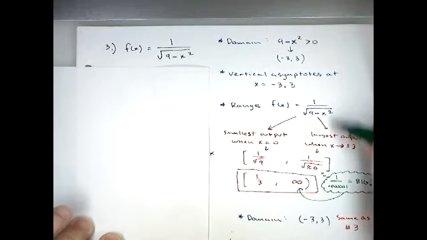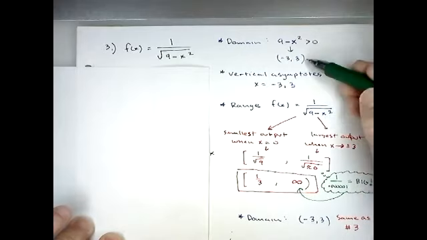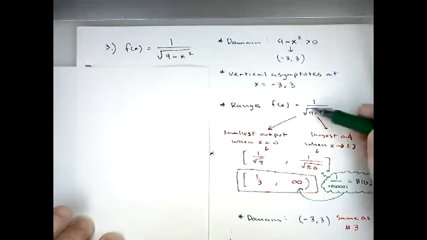And that's going to be when x is pretty close to 3, right? The closer I get to 3, the smaller this gets, and that makes the stuff under the square root get really close to 0. Taking the square root of a small number makes it even smaller.